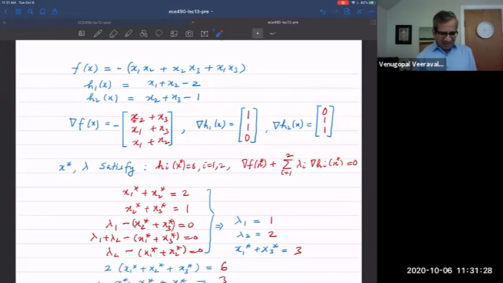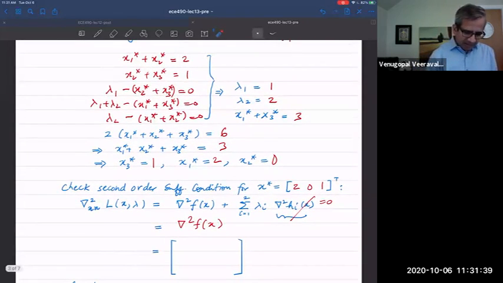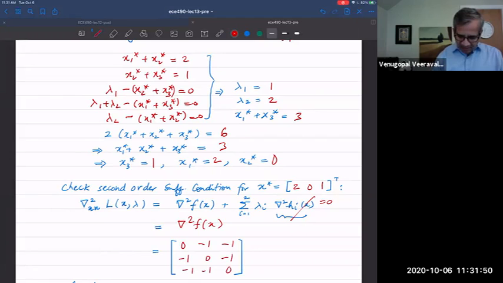So the 1,1 component of the Hessian will be 0, and the other two will be -1, -1. So you get 0, -1, -1, and then similarly for the second one. This is just by symmetry; you will see that this is the case.